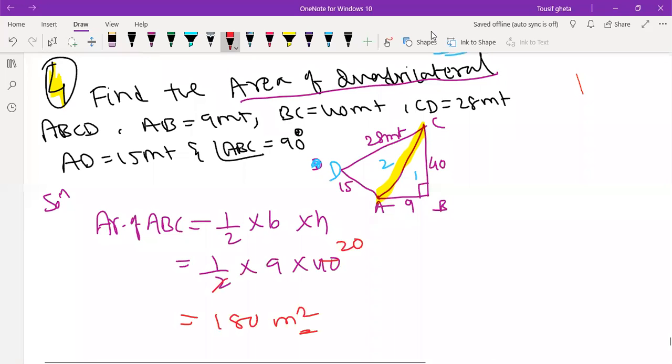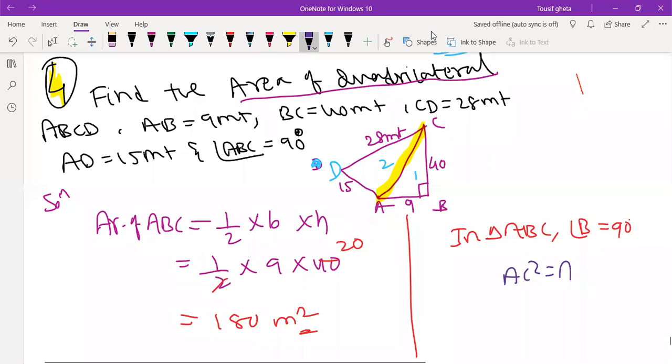Correct? Now for ADC, AC is compulsory. I can use the Pythagoras theorem. In triangle ABC, angle B equals 90 degrees. AC square is equal to AB square plus BC square.